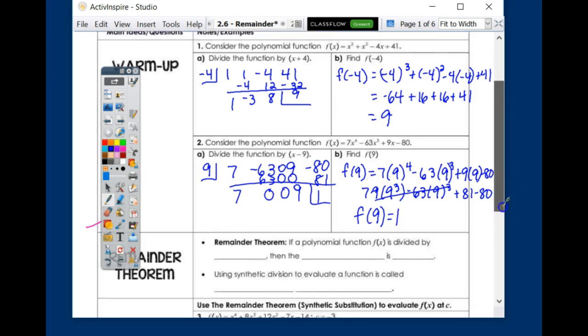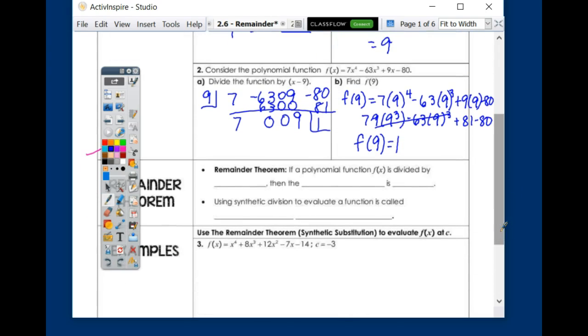Okay? So the remainder theorem: if f of x is divided by x minus c, then the remainder is the function value, or the y value.